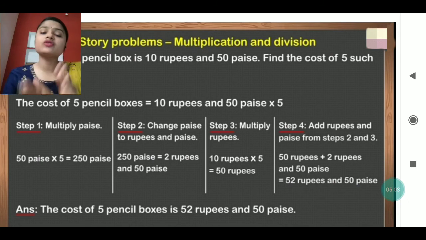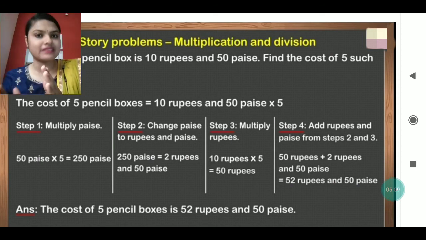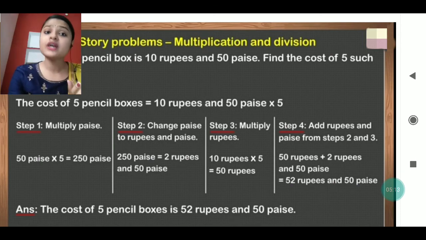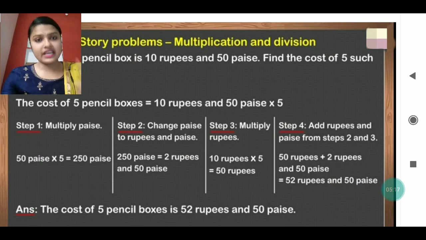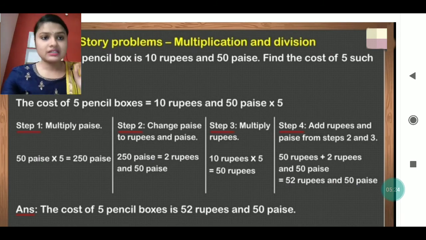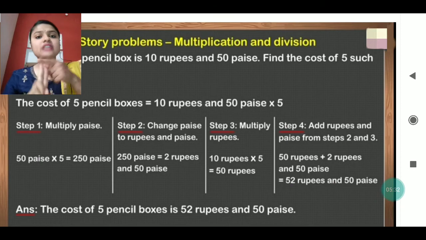After that we move to the third step, multiply rupees. First we multiplied paise, then converted, and now we multiply rupees. 10 rupees into 5: 5 into 0 is 0, 5 into 1 is 5, so 50 rupees. Now add the rupees and paise from step 2 and step 3.